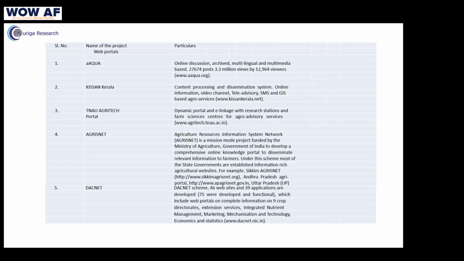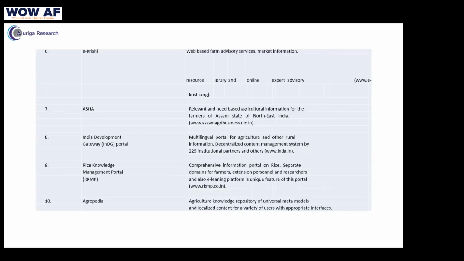So I would rate the TNAU Agritech portal as one of the topmost, in terms of not only soil moisture and the crop cycle, but beyond that. Most of them are multilingual and Android and iOS based, both on web and mobile platforms. So these are government extension departments of agricultural universities.